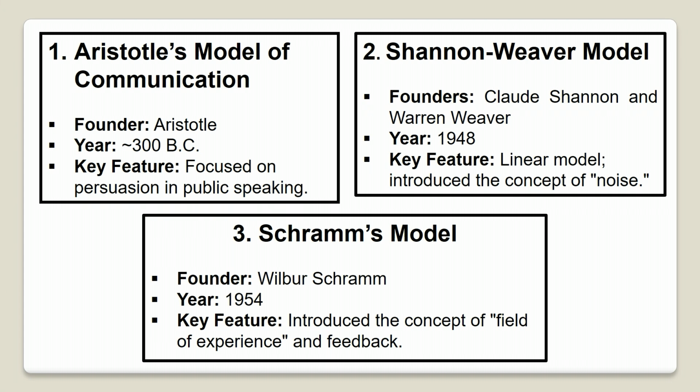And model number 3 is Schramm's model, founded by Wilbur Schramm in the year 1954. The key feature is that it introduced the concept of field of experience and feedback. So, these are the major models founded by different experts.